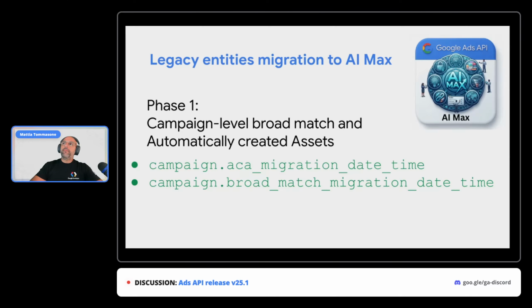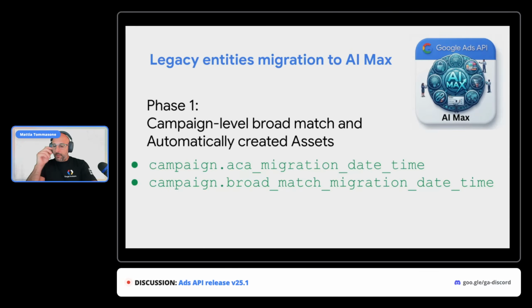So, as you know, AA Max started basically by being a single flag that you could toggle on your campaign called Enable AA Max, which in turn bundled a set of features, among which there used to be ACAs and broad match. So when this migration happens, you will no longer be able to set or unset broad match and ACAs on their own because they will be available only as part of AA Max.